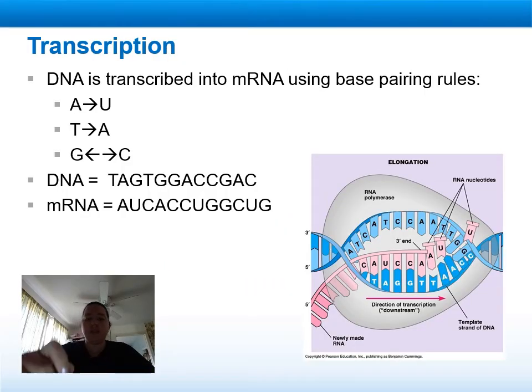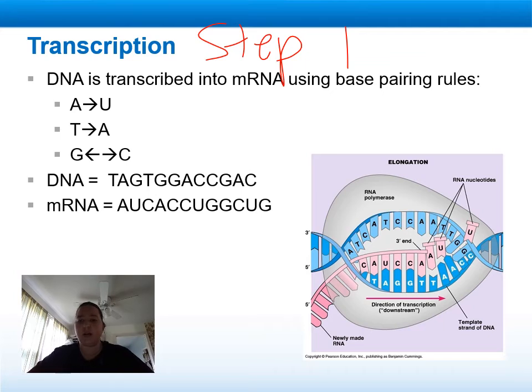So the first step to protein synthesis is transcription. This is where the DNA is converted into mRNA. This is very similar to DNA replication. The DNA opens up, it's got the replication forks, although they're not technically called replication forks because it's not replication, it's transcription. But the DNA opens up, you see, in that bubble.